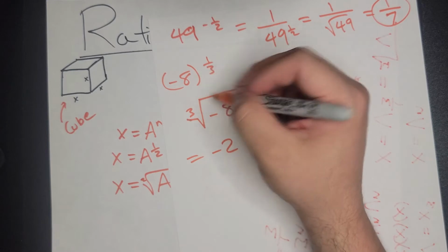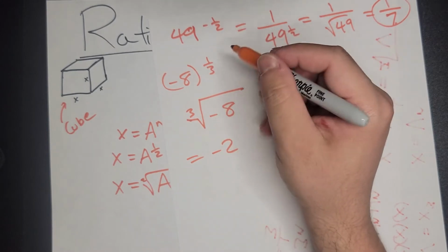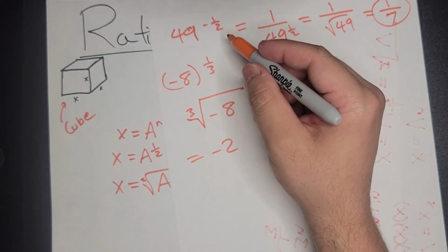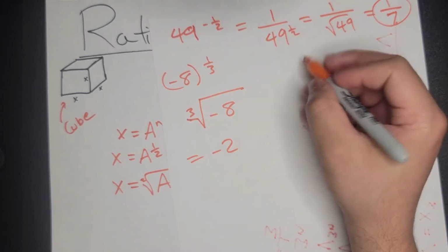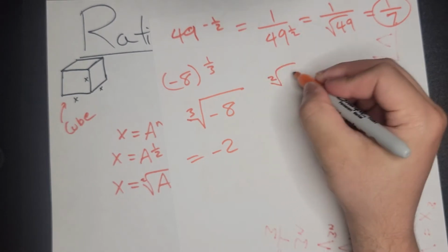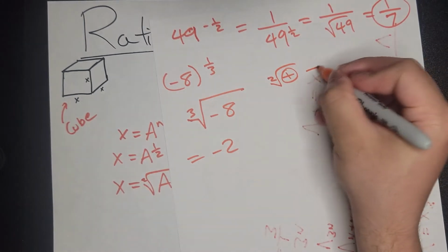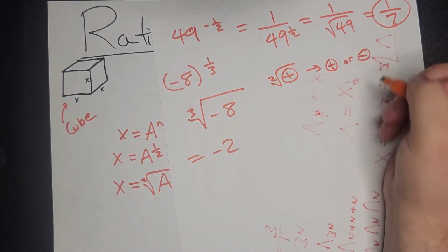One thing that's very tricky here that you have to wrap your head around is you can take the square root of a positive number, and you end up with a positive or a negative number.